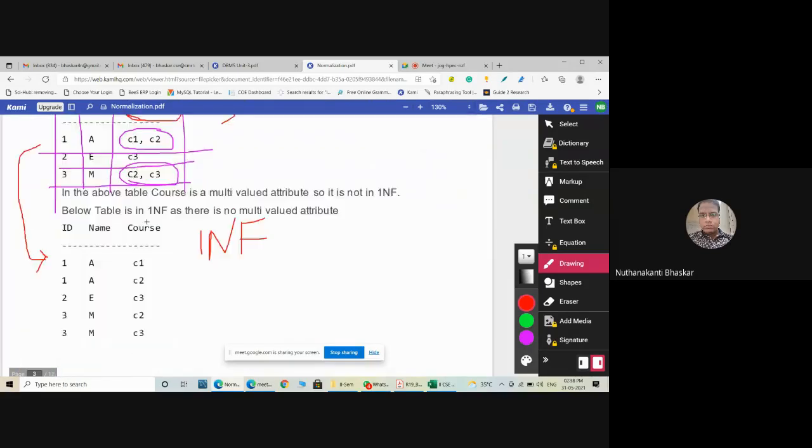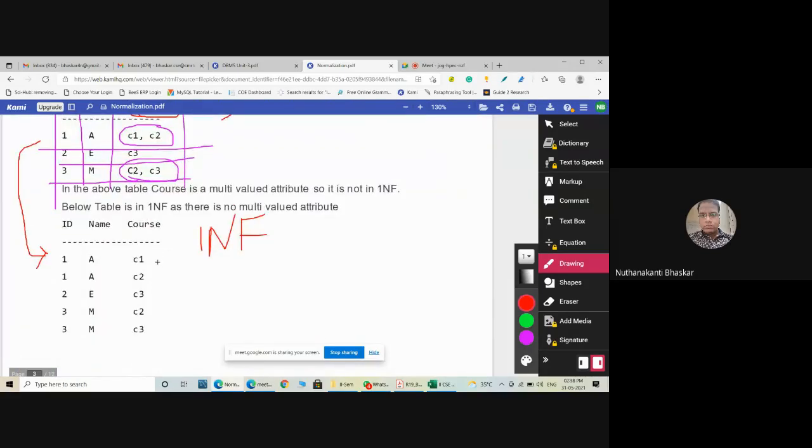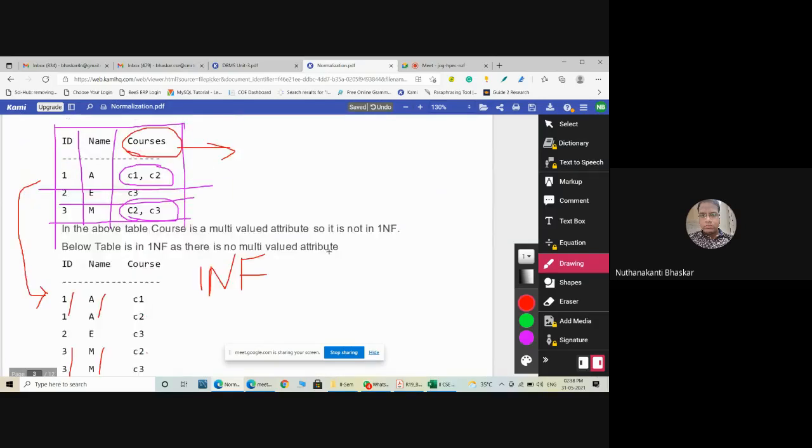Here also it is increasing: A two times, M two times. The redundancy is going to increase because of first normal form.